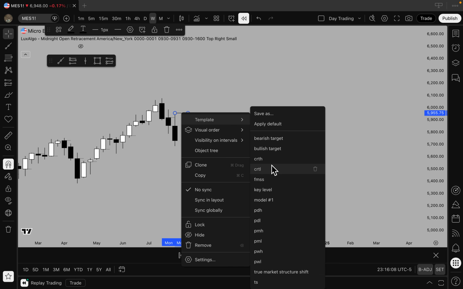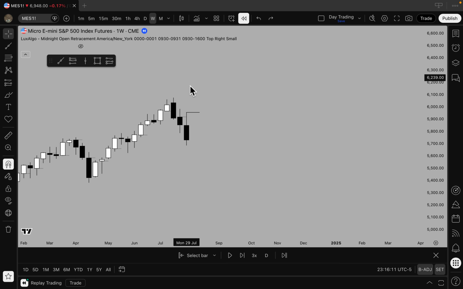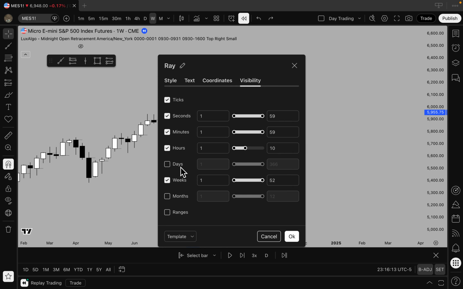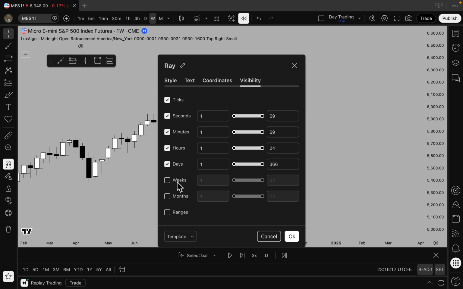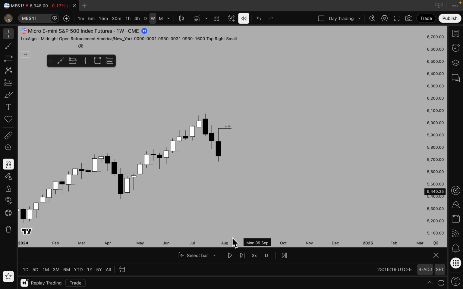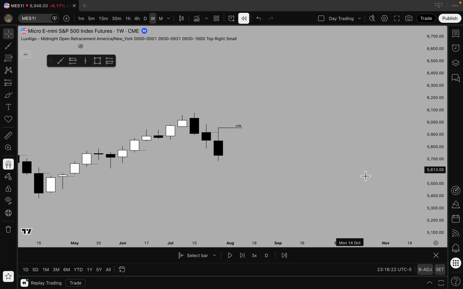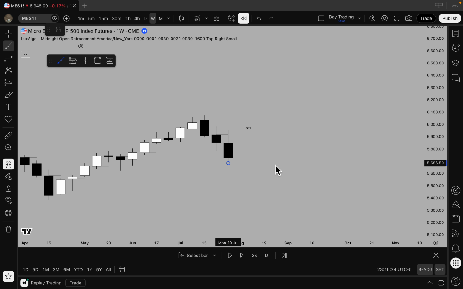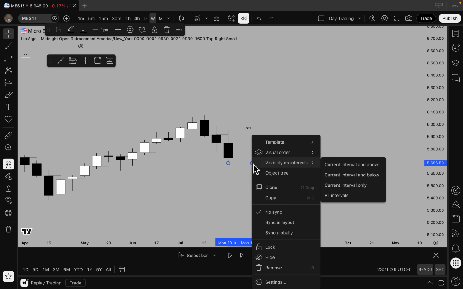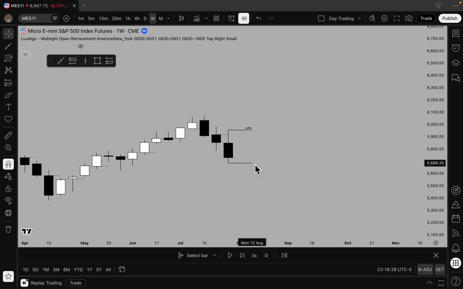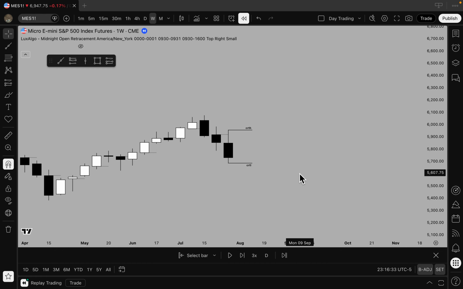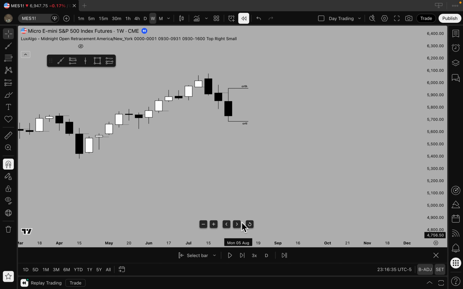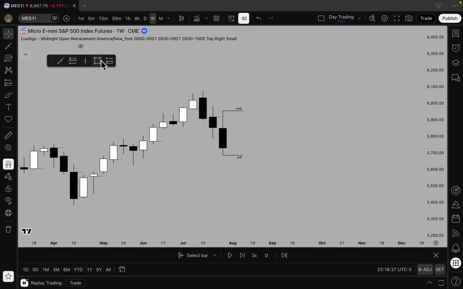But so you have your range high. Let me get this so you can see. All right, so your range high. Then range low. All right, I'm gonna split these up for you. Put this in a box.